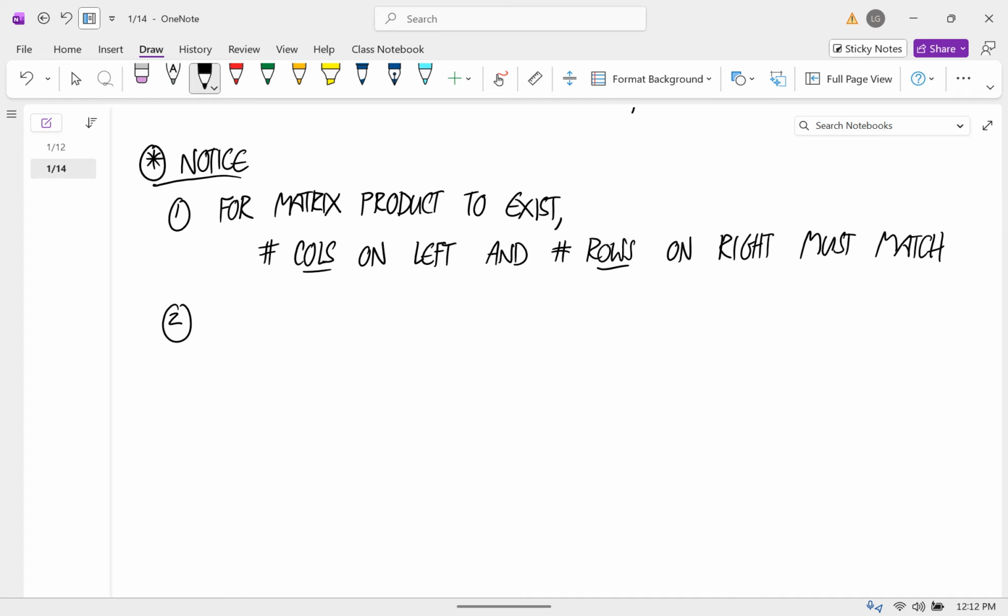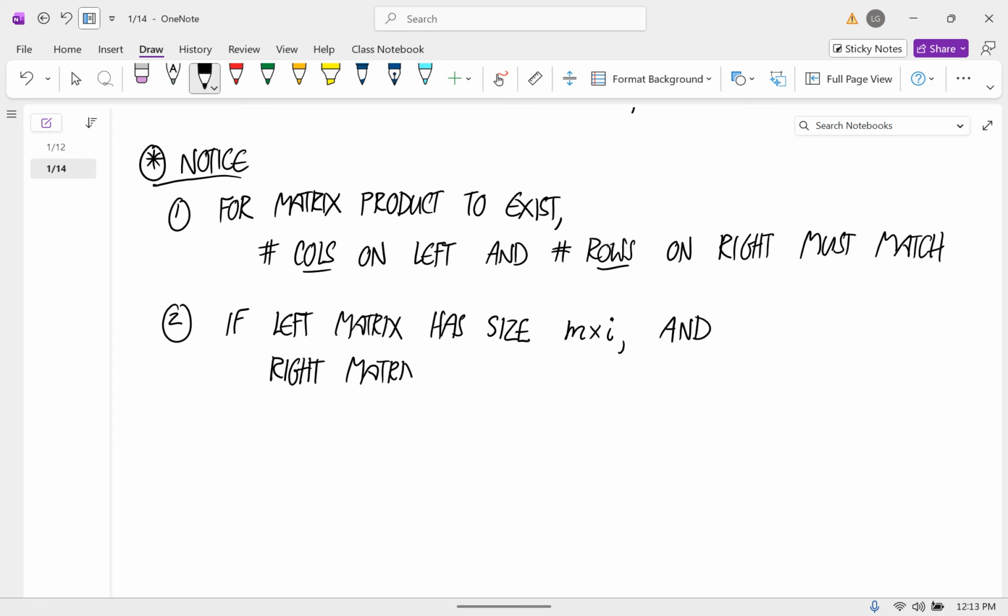The second thing to keep in mind is if the left matrix has size m by i, and the right matrix has size i by n, and notice that the number of columns on the left and the number of rows on the right have to match.